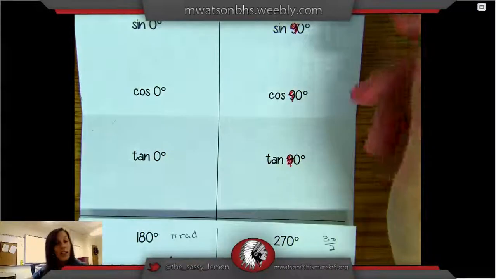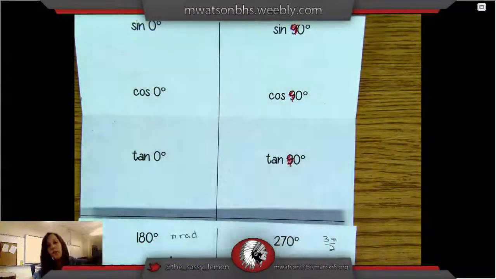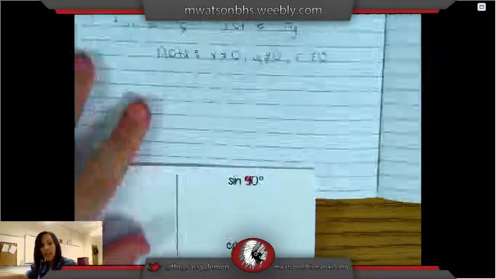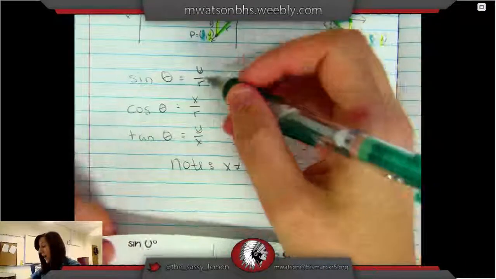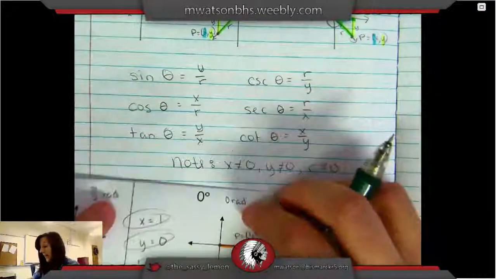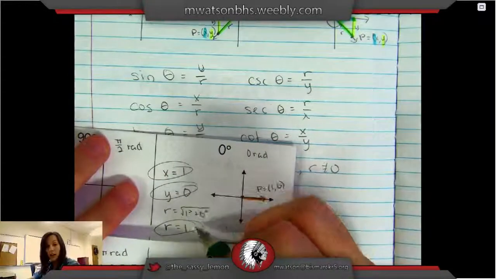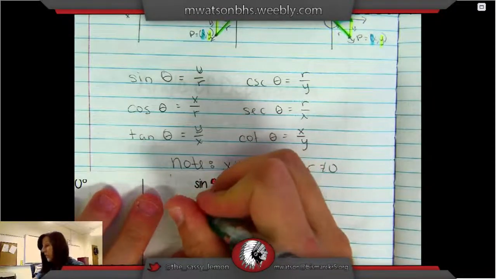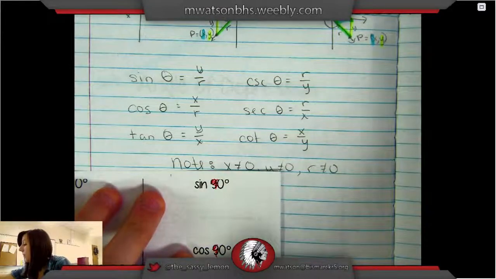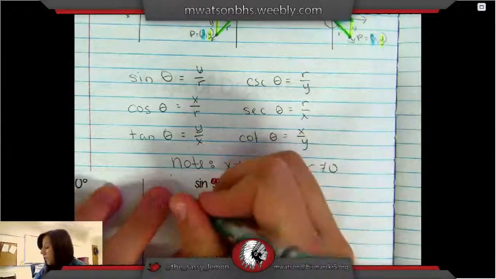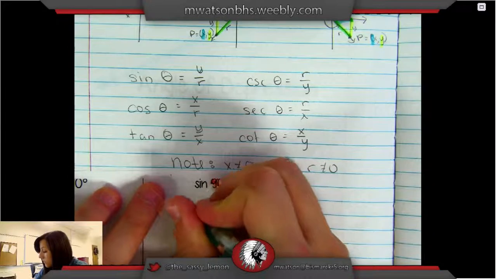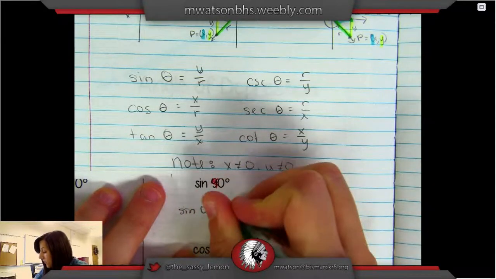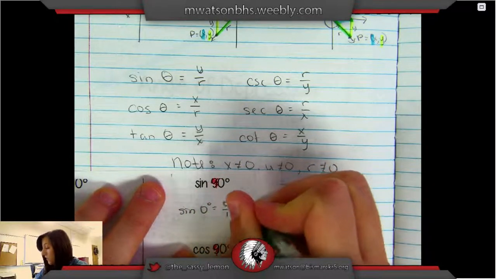Look back at your ISN and you'll see that sine was y over r. So we need to look back and see our y was 0, our r was 1. So sine of 0 equals 0 over 1, which equals 0.